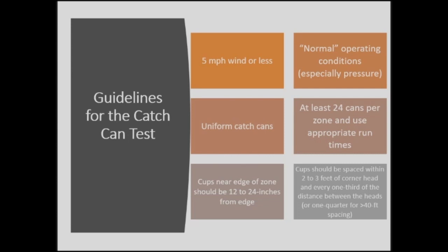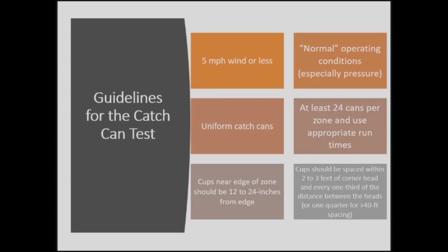So normal operating conditions, and that's really pointing to pressure. If you're irrigating during a time of day, like in the evening maybe, when pressure is higher than it is in the middle of the day, then you need to try to, if you can, replicate that in your test, okay?